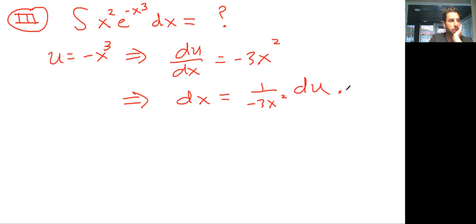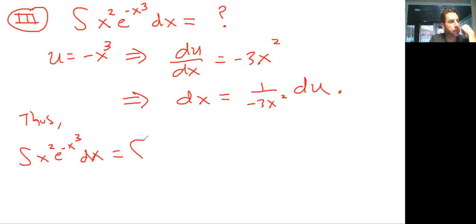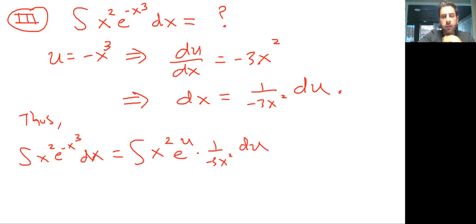Now, when we make our substitution, it might look bad at first, but it turns out that it's not going to be so bad. We get x squared e to the u, and then you have this. Now, if you think about what I said on Thursday, this might look bad.